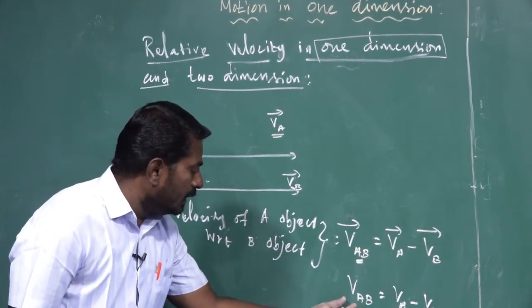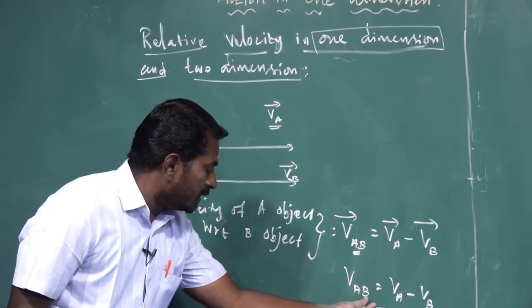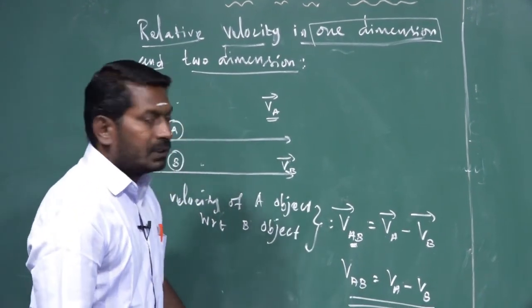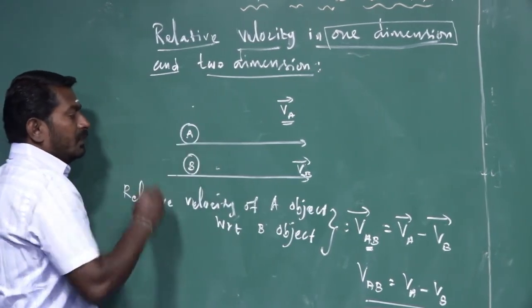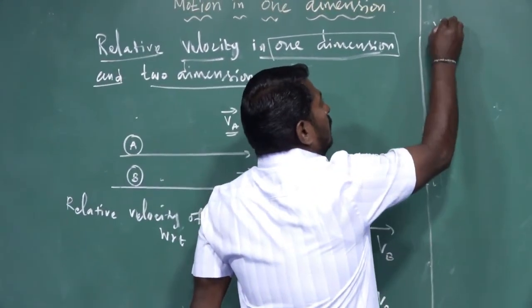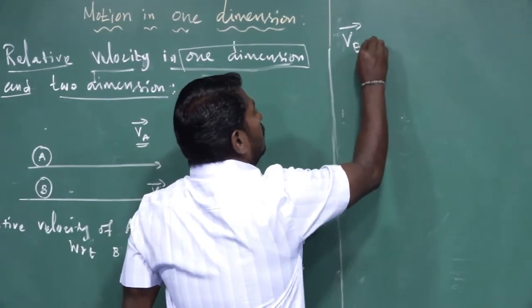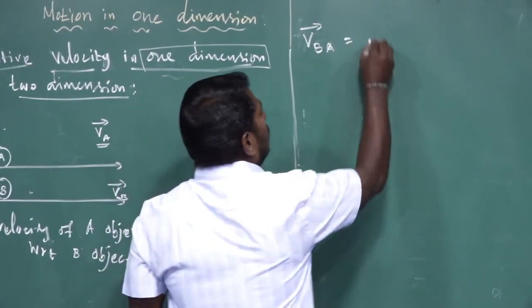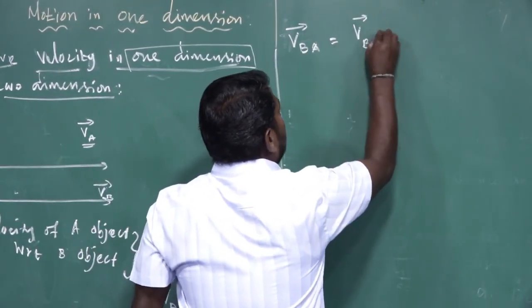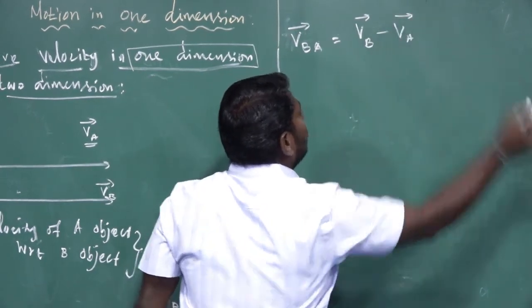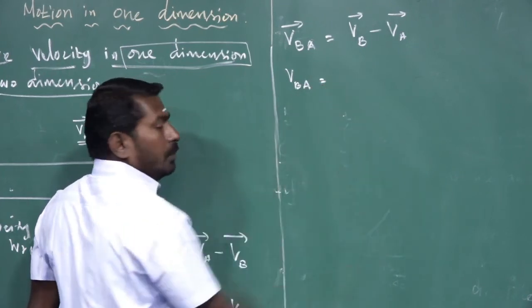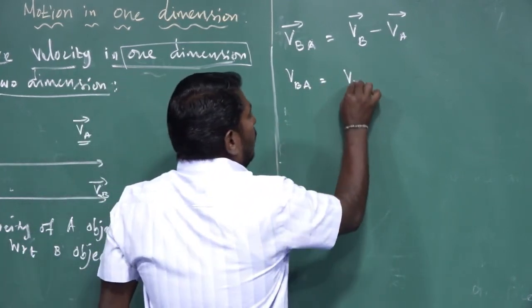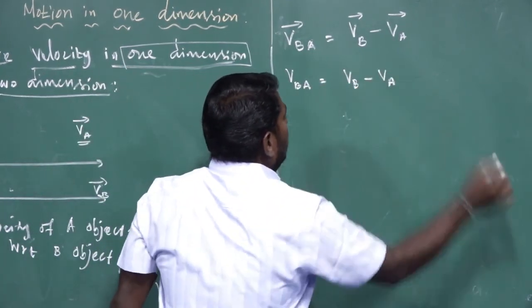In magnitude, it is VA minus VB. Next, what is the relative velocity of object B with respect to object A? The relative velocity of object B with respect to object A is equal to VB vector minus VA vector. In magnitude, it is VB minus VA.